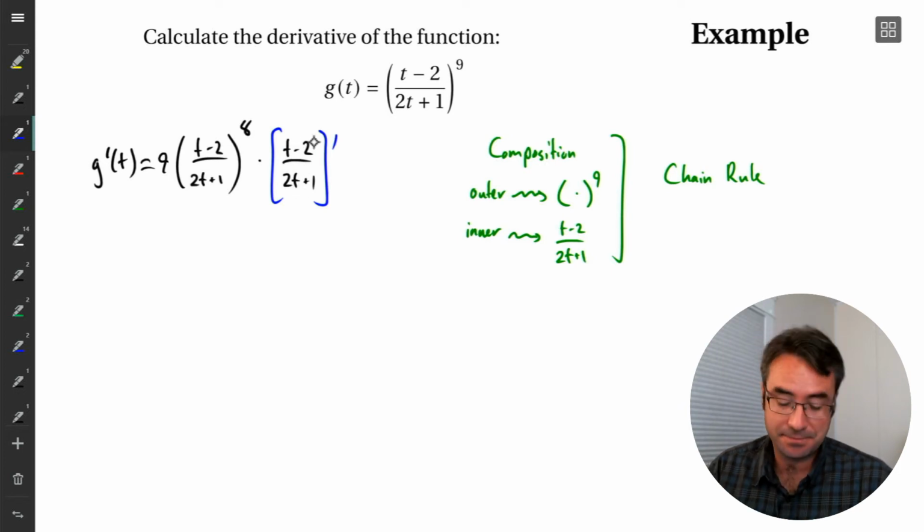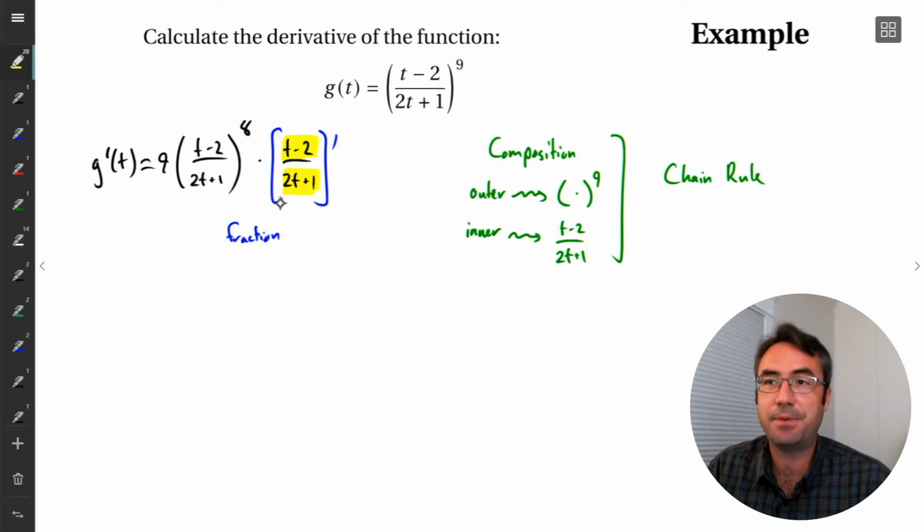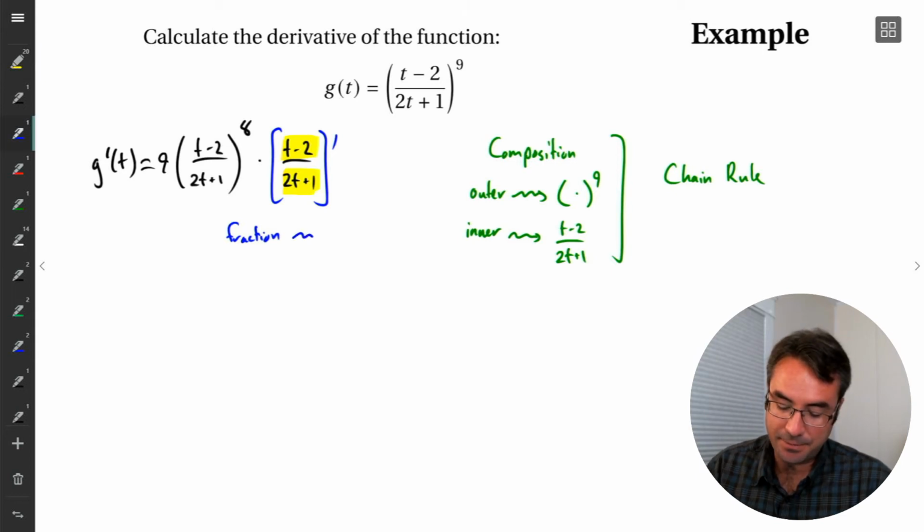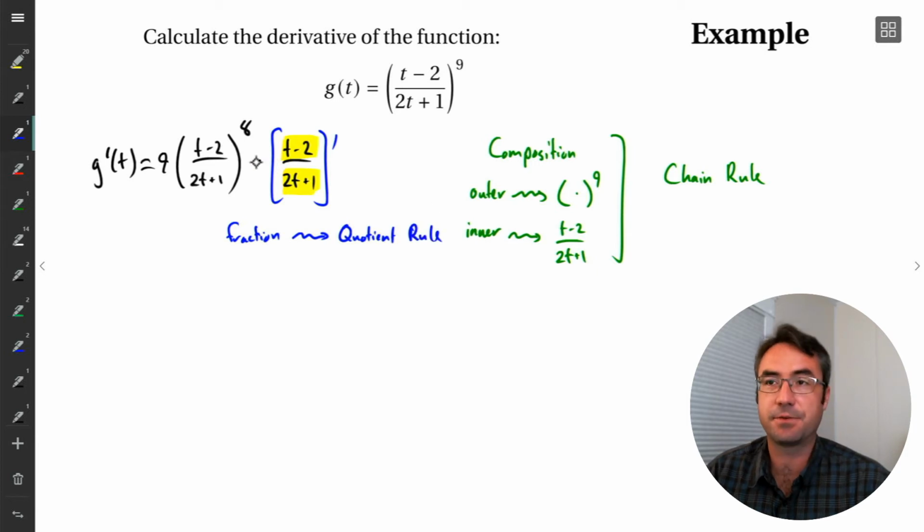It's a fraction. We notice some variable terms on both the top and the bottom. So whenever we have a fraction with variables on both the top and the bottom, a lot of the time we want to use quotient rule. And that's what we're going to use here to differentiate this fraction.